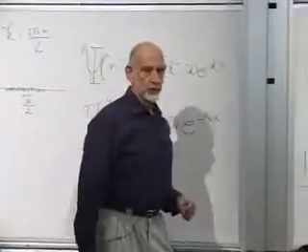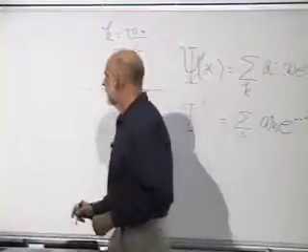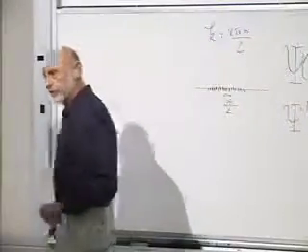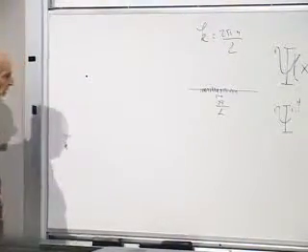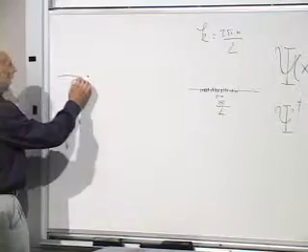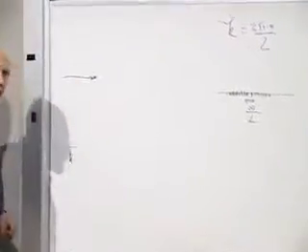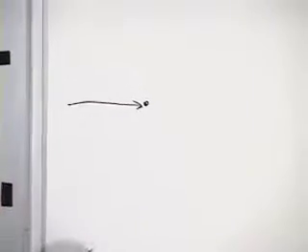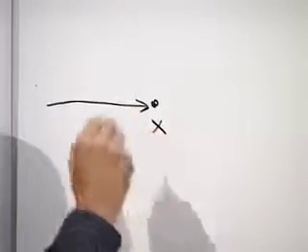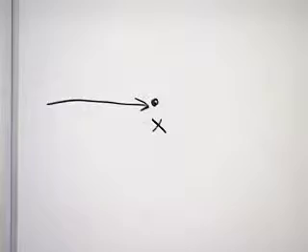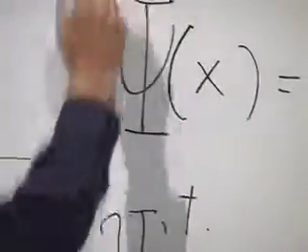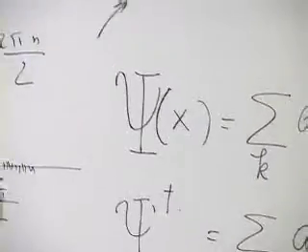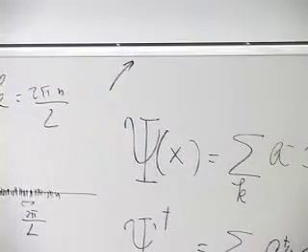Here's a possible reaction. You tell me if you think this is a likely thing. A particle comes in, and when it hits a target, where the target happens to be very precisely localized at position x, that particle disappears, and then off on Alpha Centauri somewhere, a particle goes off, and somewhere on Betelgeuse, another one goes off over here.